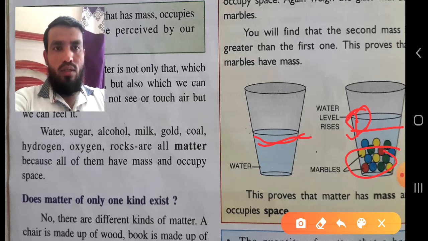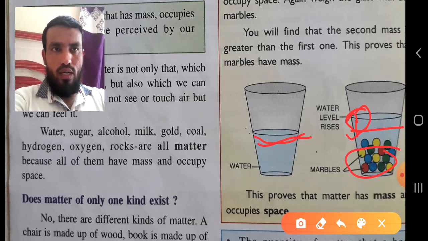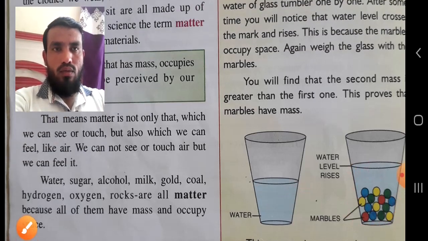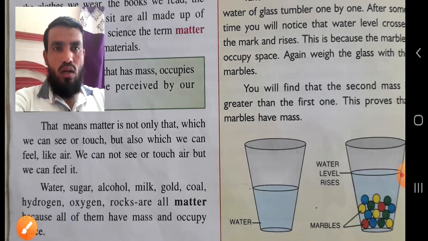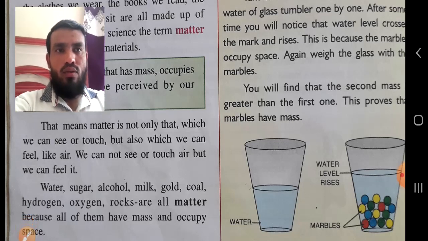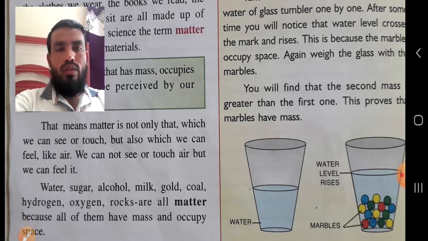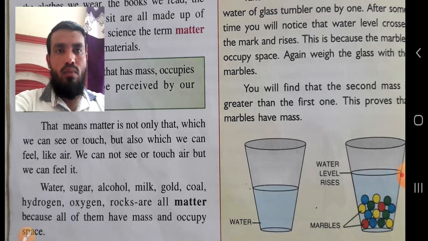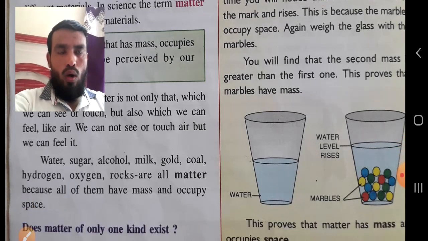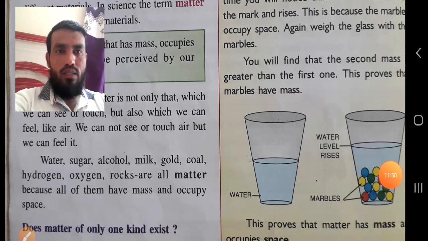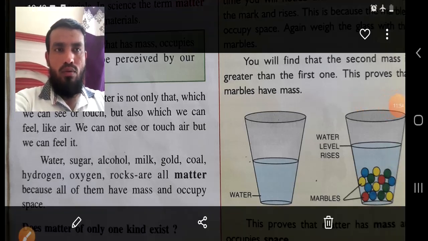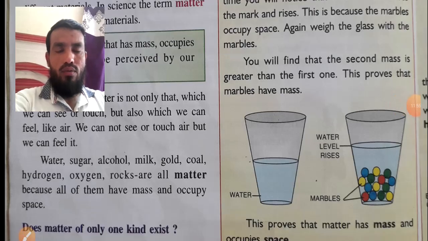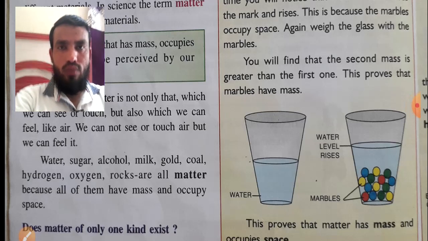The other thing is the weighing. When you weigh before adding the marbles and after adding them, you will find an increase in the weight. Weigh the glass with the marbles, and you will find that the second mass is greater than the first one. It proves the marbles have mass. So it proves two things. After adding the marbles the weight increases, and when the weight increases, you say that it has mass.